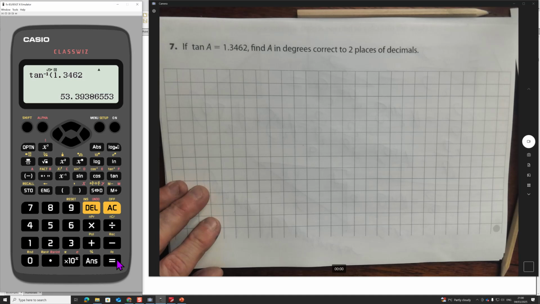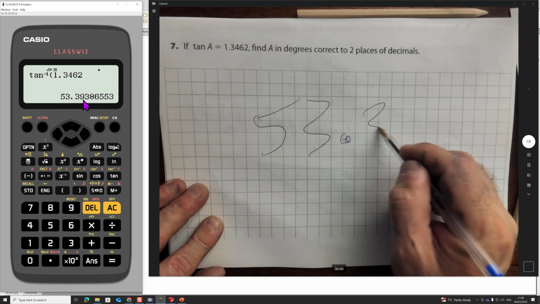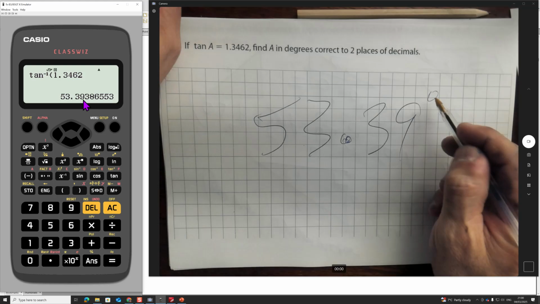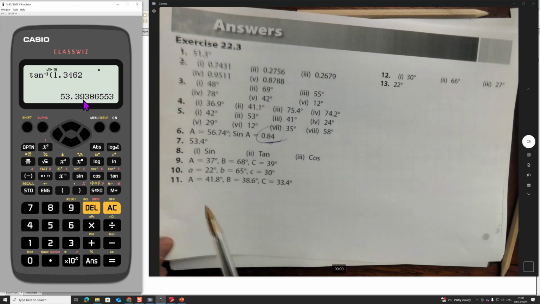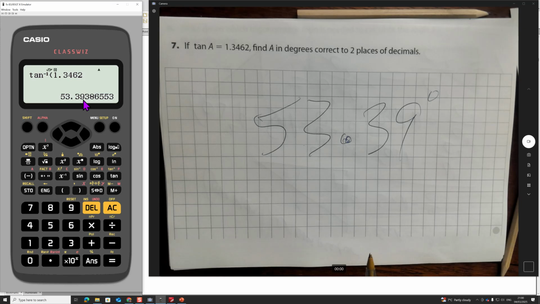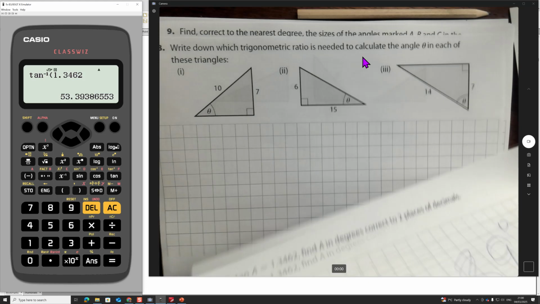Go for it. Correct to 2 places of decimal, 53.39 degrees. Did they not say 2 places of decimals? They did. Mistake there. They said 2 places.